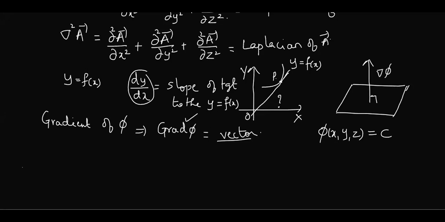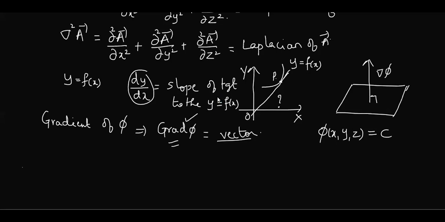Is the part clear? At least a little idea did you get? Don't worry, we'll not draw it. You should know the geometrical meaning of gradient of phi. Among the four, we'll discuss only gradient of phi. You know the procedure to find the gradient. It represents a vector which is normal to this surface.